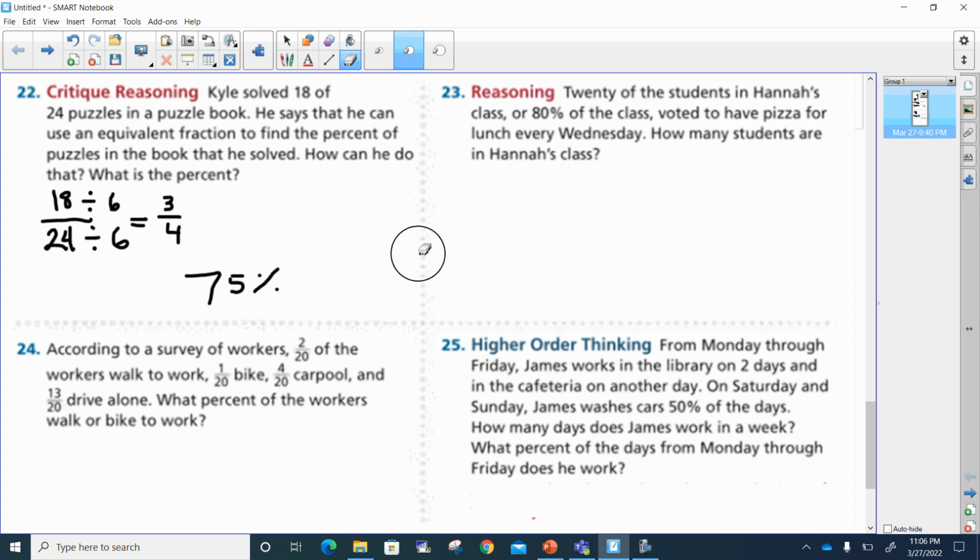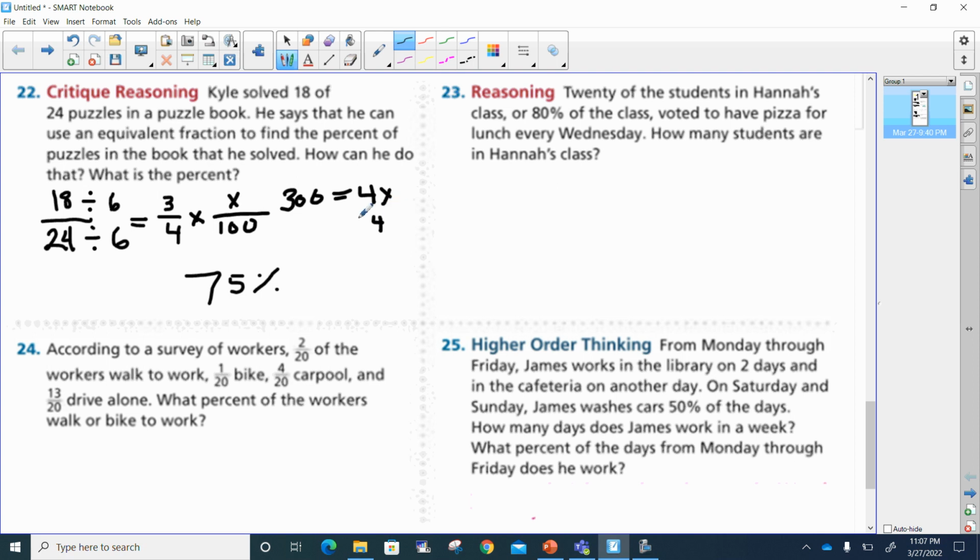If I had 3/4 over here, and I wanted to find out what it was for 100, this would be 3 times 100, which would be 300, and 4x. Right, 4 times x, I would divide 4 away, and 300 divided by 4 is 75. So it'd be 75%, since this fraction is the percent fraction.